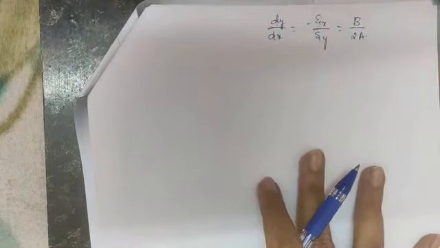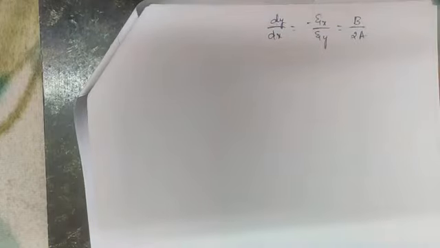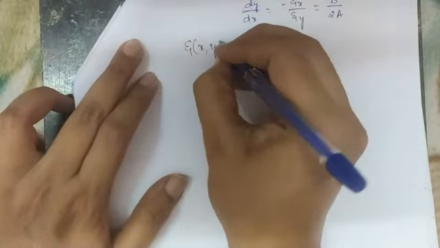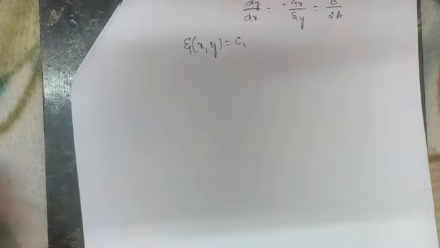Now if you integrate this equation, that is dy by dx is equal to minus xi_x by xi_y is equal to b by 2a, you will get the equation of the family of characteristics, that is xi of x comma y is equal to c1.